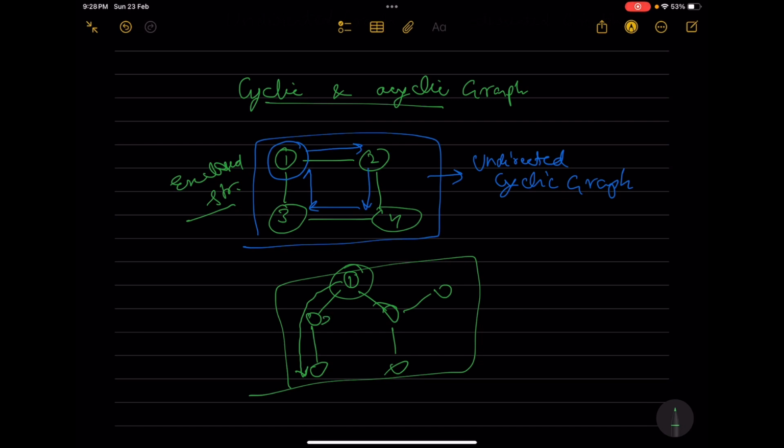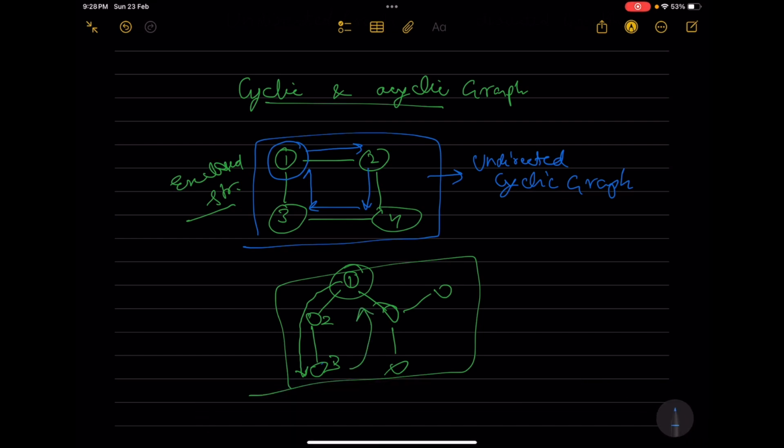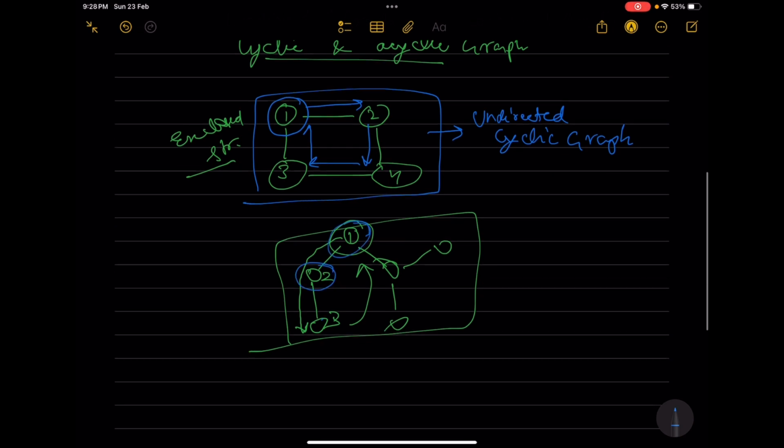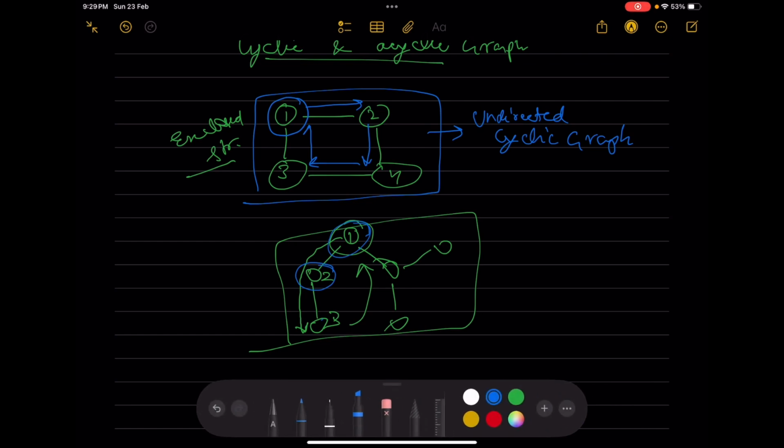So from 1 we can go to 2, from 2 we can go to 3. But to come back to 1 again, we have to come back to 2 first and then to 1. Hence, it is not a cyclic graph. So particularly for an undirected graph, we can say that if the graph has an enclosed structure, then the graph is a cyclic graph.